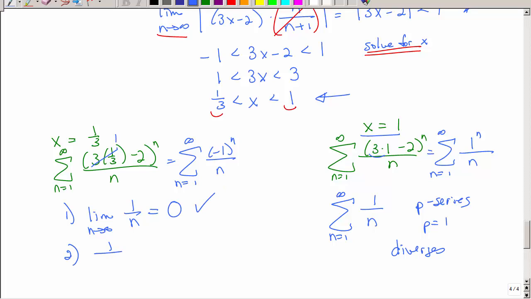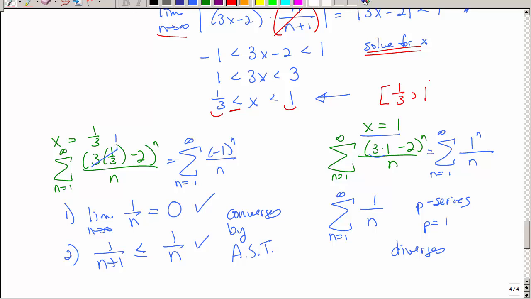Yes. Is it decreasing? Yes. So this converges by the alternating series test, which means we would include 1/3. So our interval of convergence would be from 1/3 to 1, including 1/3.